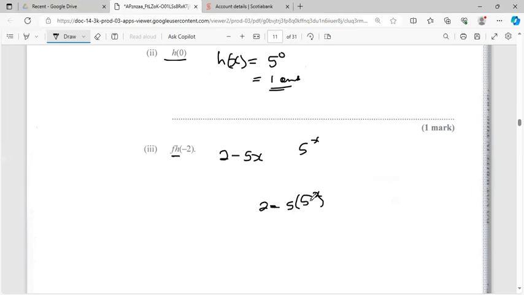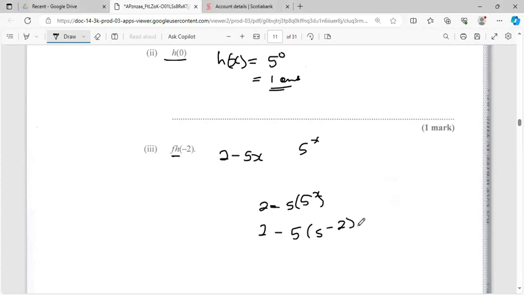And then they want us to put minus 2. So I'm going to work it out first and then put in the minus 2. So that's 5 raised to the minus 2.